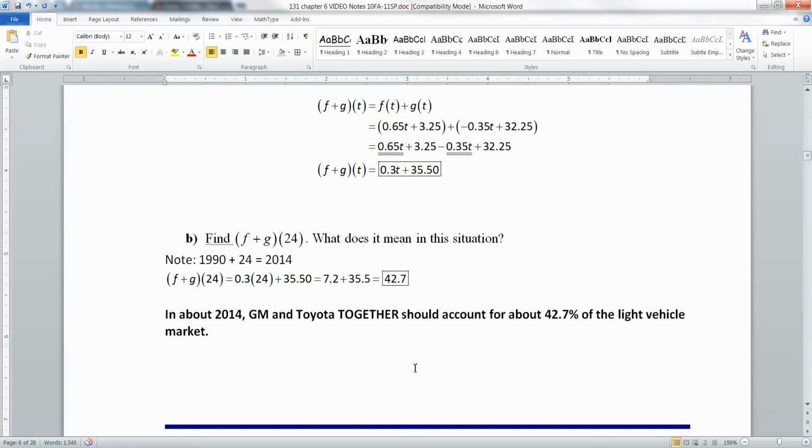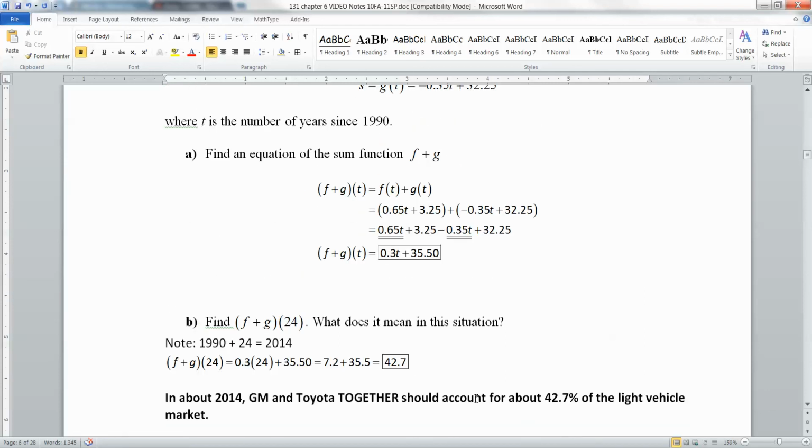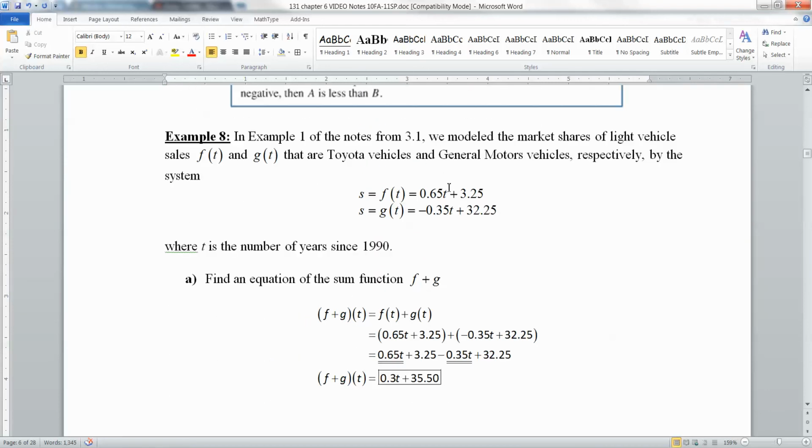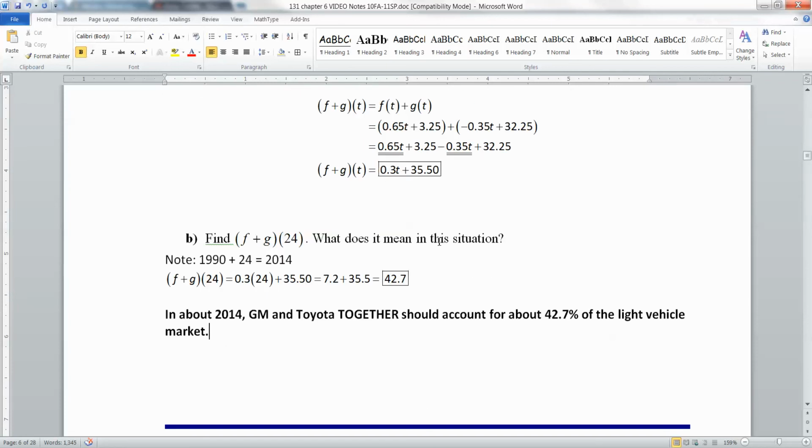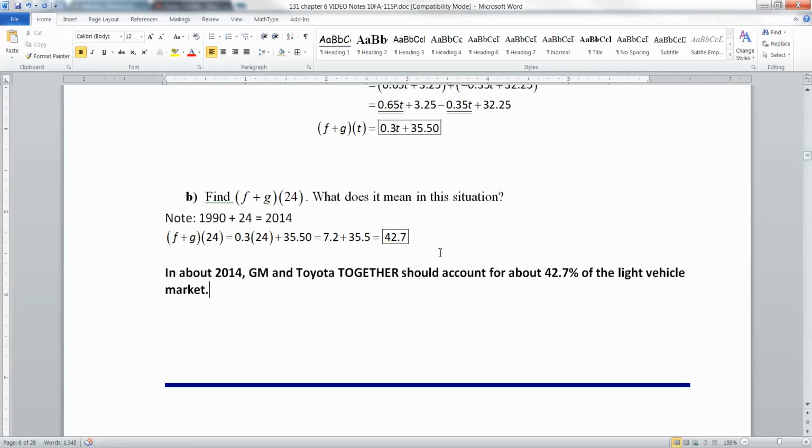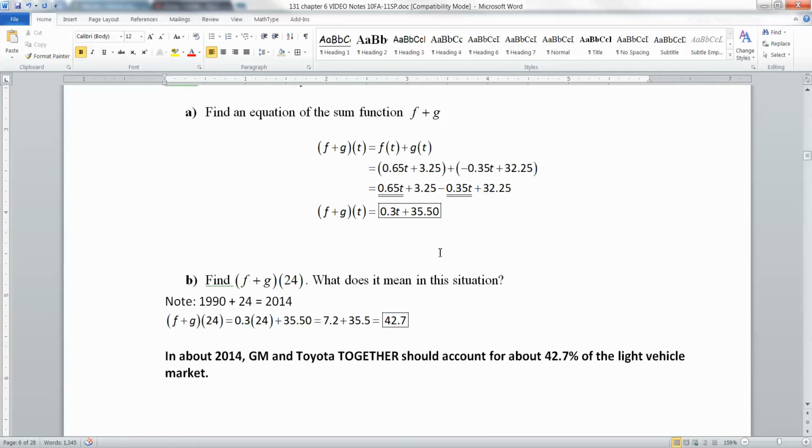And there we go. Now, if you subtracted them, like if you took Toyota minus GM, then you'd find out, hey, Toyota was bigger in this year because it's positive, or Toyota was smaller in this year because it's negative. That kind of thing.